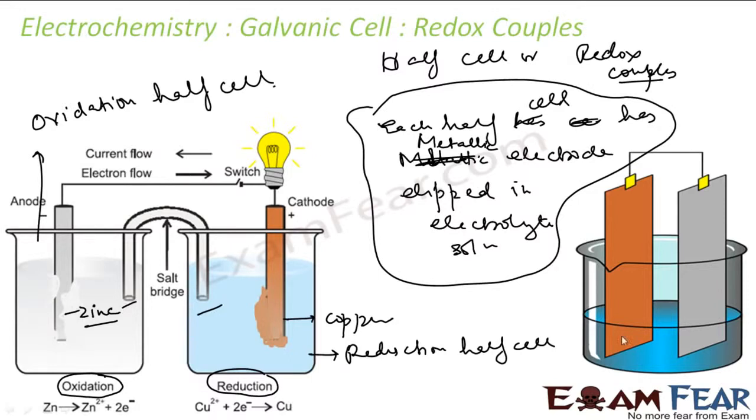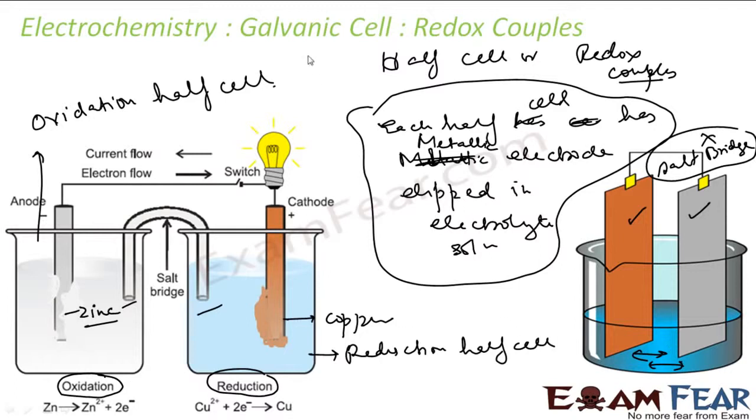And in the case where both the metallic electrodes are dipped in the same solution, the salt bridge is not required, because they are in the same solution, so the ions can pass and it will be neutral anyway.